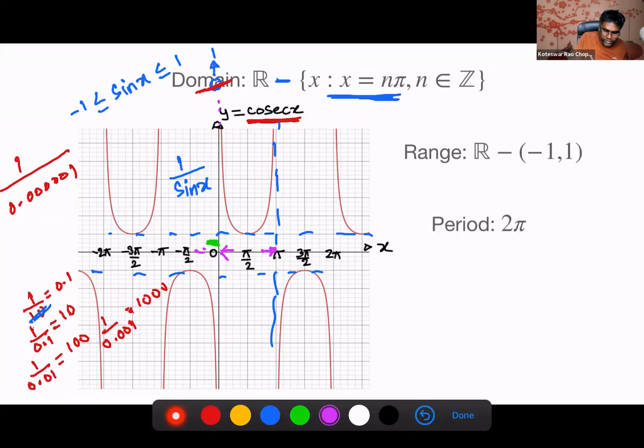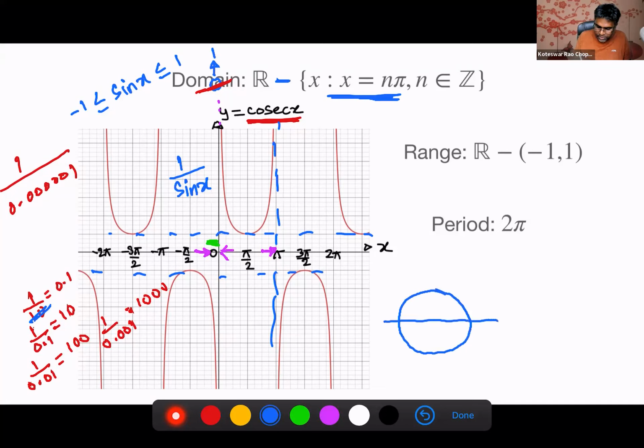We don't like 0 here, because that will make sine 0. But the x values which are on either side of 0, they are okay, right? Are we getting?